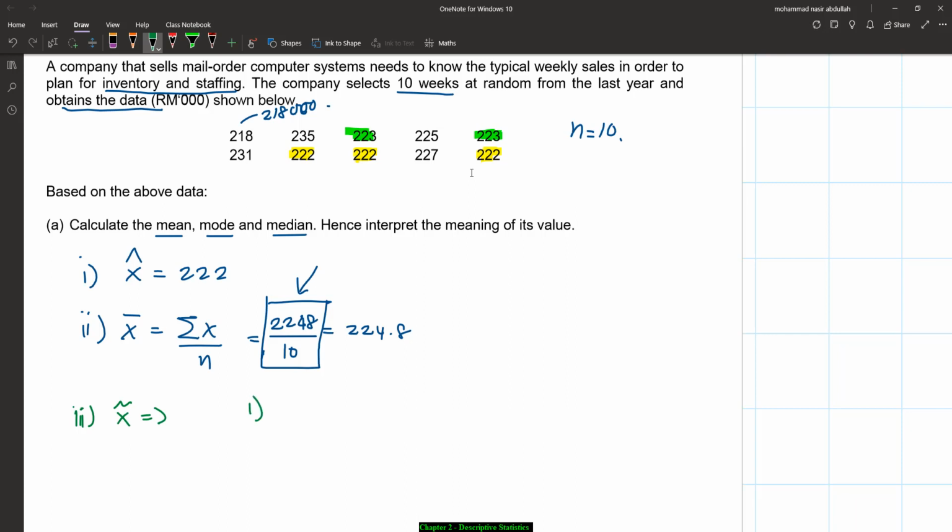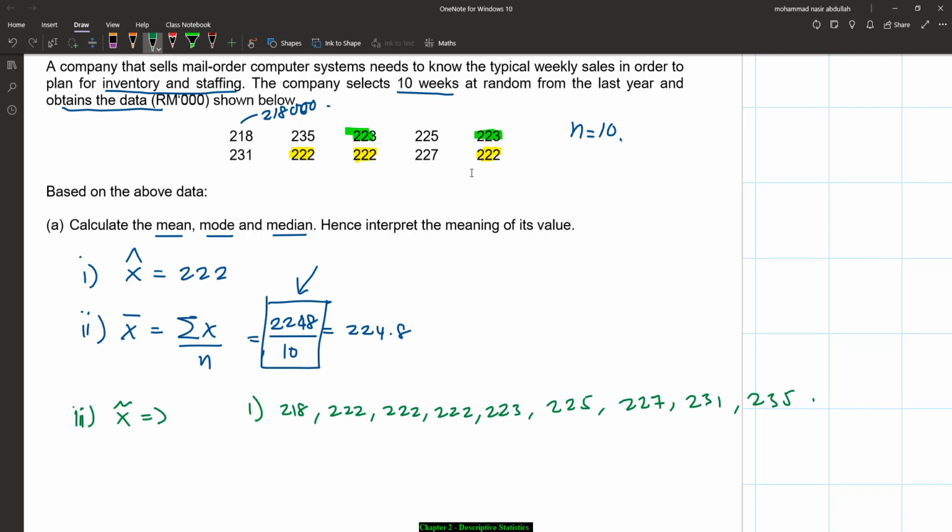The smallest value is 218, and then the next largest are 222, 222, 222. And next is 223, 225, 227, and 231, 235. Is it? 1, 2, 3, 4, 5, 6, 7, 8, 9. One more, what is it?